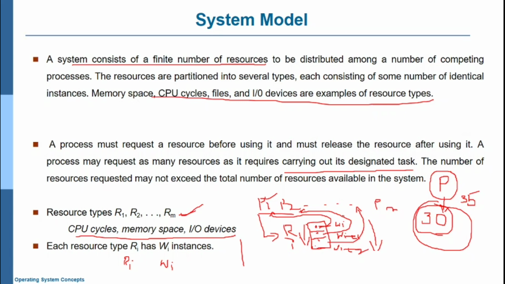So before making use of any resource, the process has to request permission from the concerned resource type to complete its designated work. Resource types are R1, R2, Rm, such as memory space and input output devices, and each resource type Ri has instances Wi.